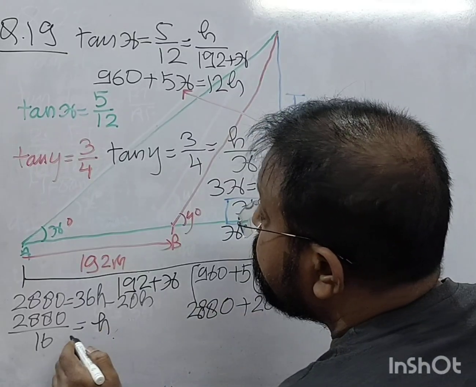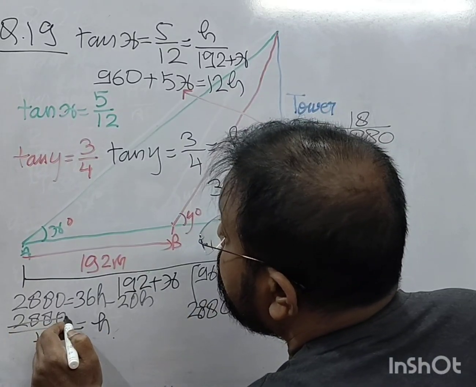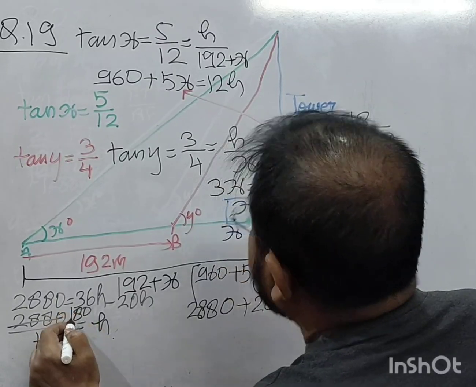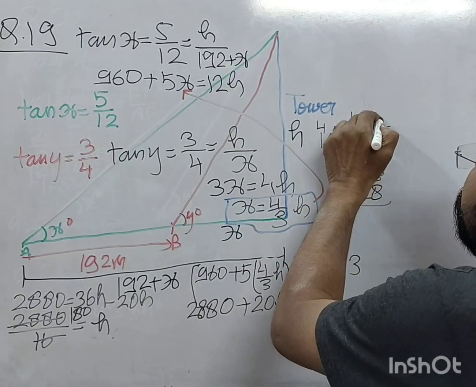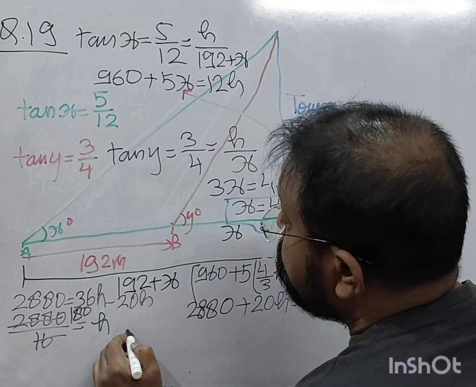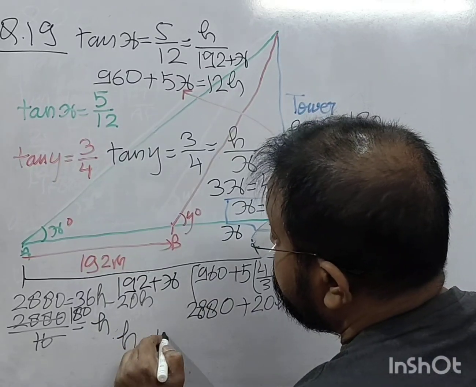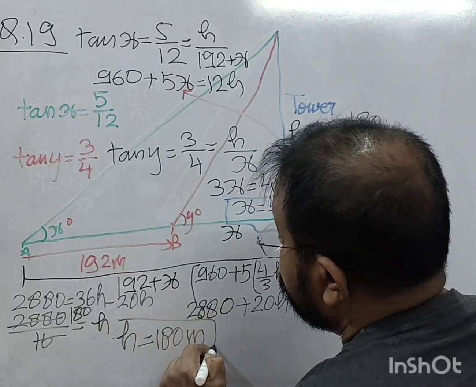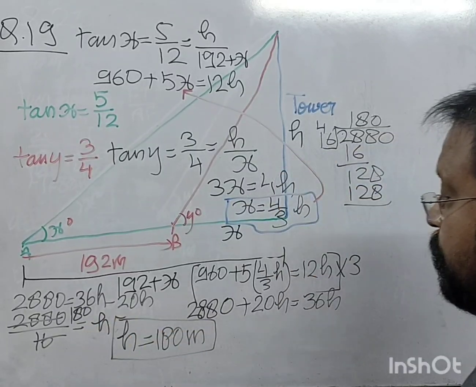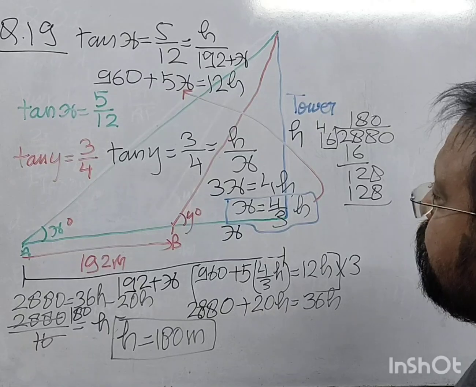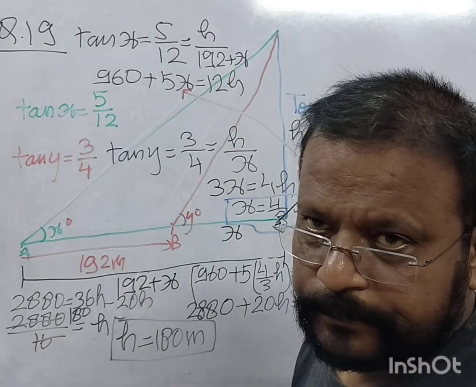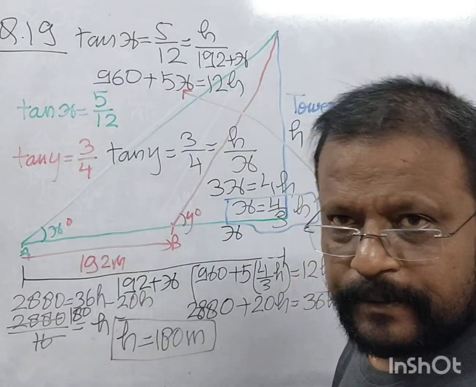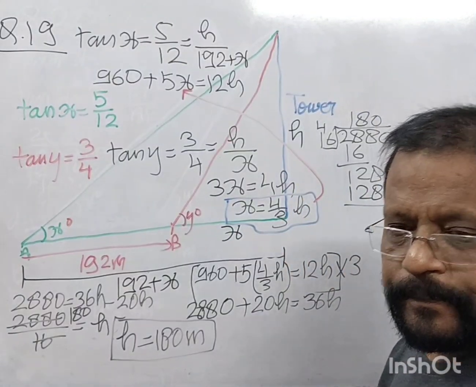So it is 180. 180 will be there. So h is equal to 180 meter. What is the height of the tower given to you? 180 meter. So you get this? आगे समझ में? Yes. Okay.